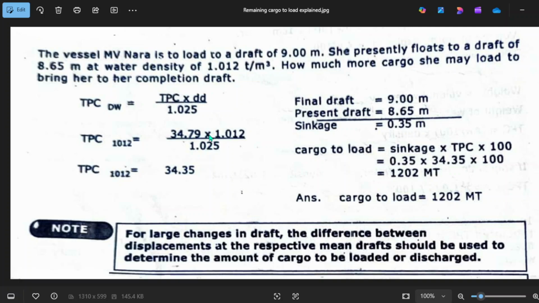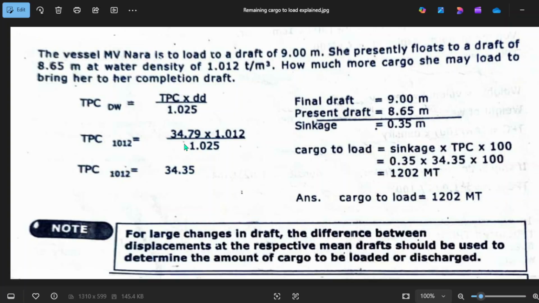But still, this is my question, guys. You're already floating in 1.012. So, why do you have to transpose this to seawater?